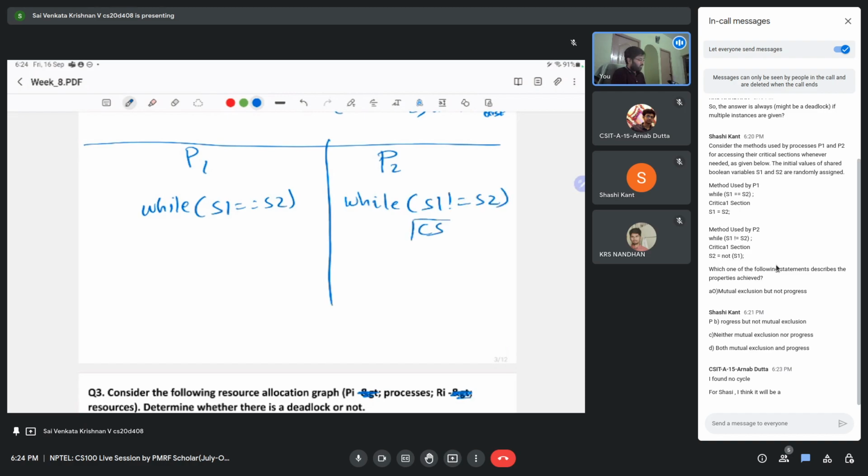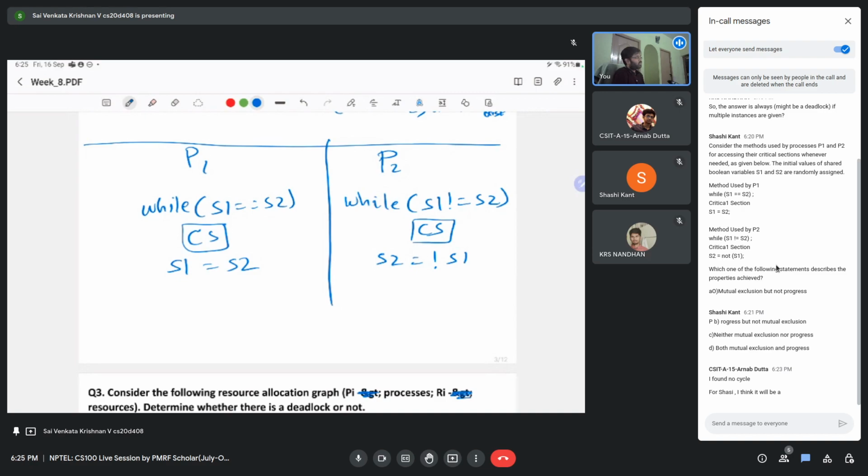So this is your critical section, and then S2 equal to not of S1, S1 equal to S2. So which one of the following properties hold?